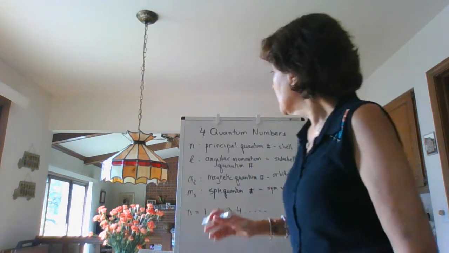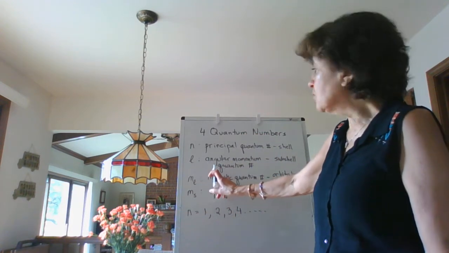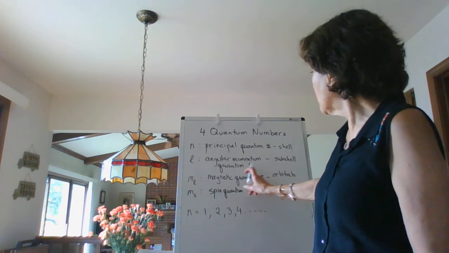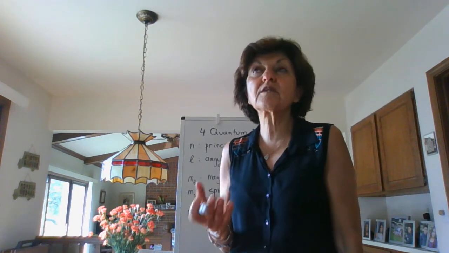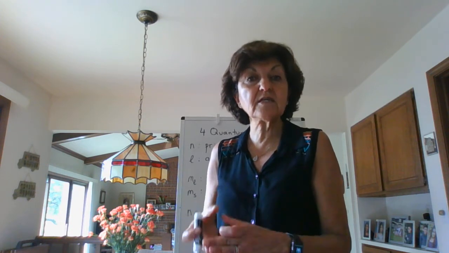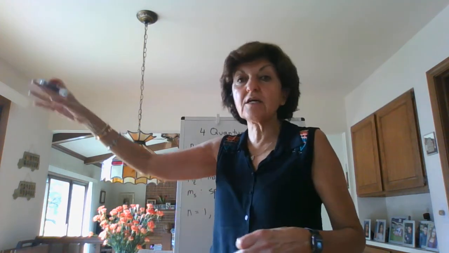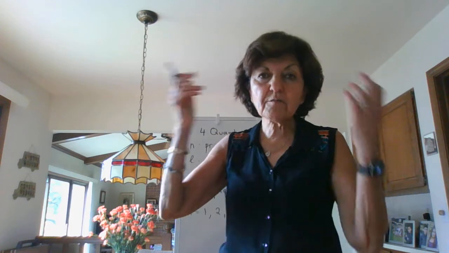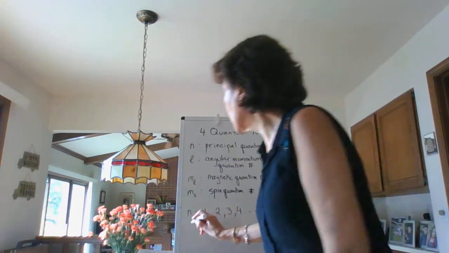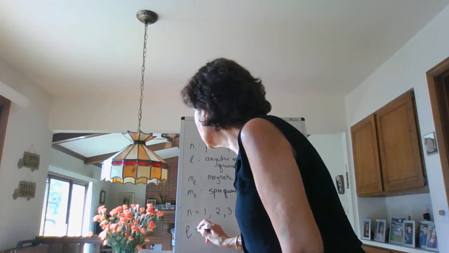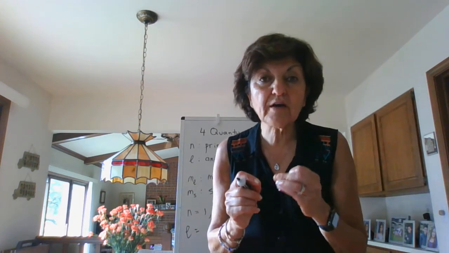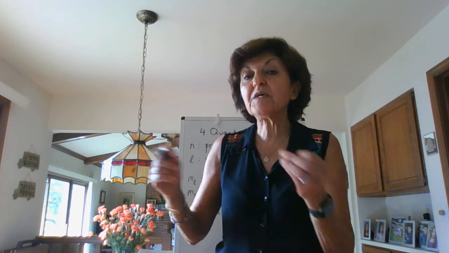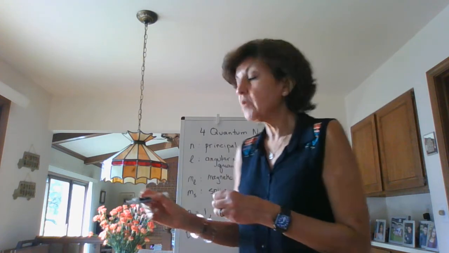Okay? The next one is L, which is the angular momentum quantum number, and that is the subshell. You remember the subshells were S, P, D, F, you could go G, H, etc., however many. So these are the possible values for L. We're giving these numerical values. We're not using S, P, D, F anymore.